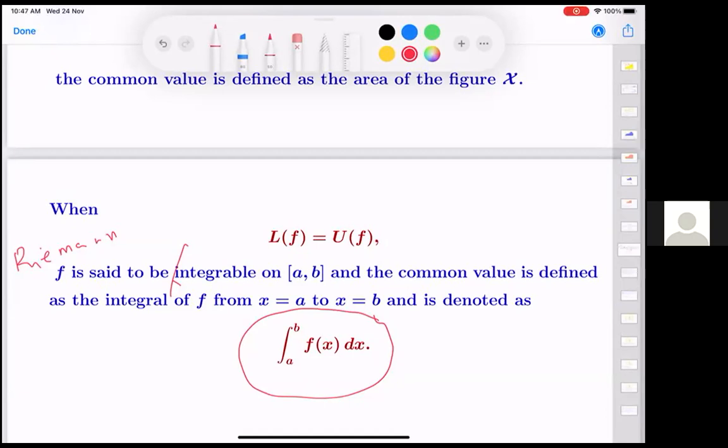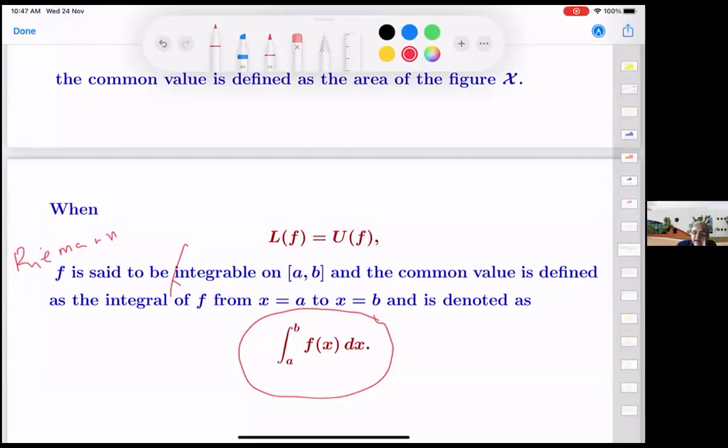Sir, in the general case where we discuss this technique of Riemann integrability, here we are considering the function not necessarily to be continuous, right? No, no. So that's why we are considering the supremum and infimum instead of maximum and minimum, right? Yes.